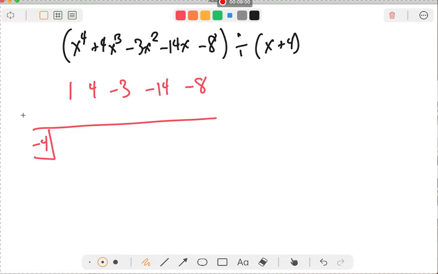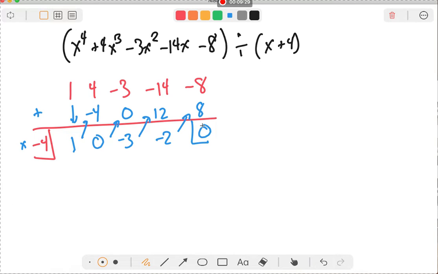Okay, let's do this. So again, we're going to add when we go down, and we're going to multiply when we go back up. So 1 comes down, times -4 is -4, plus 4 is 0, times -4 is 0, plus -3 is -3, times -4 is 12, plus -14 is -2, times -4 is 8, plus -8 is 0.